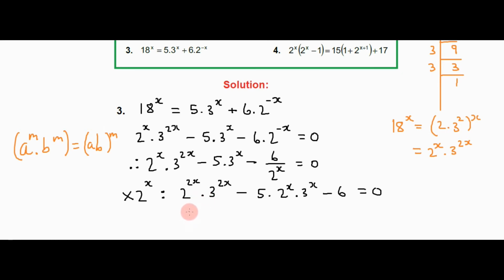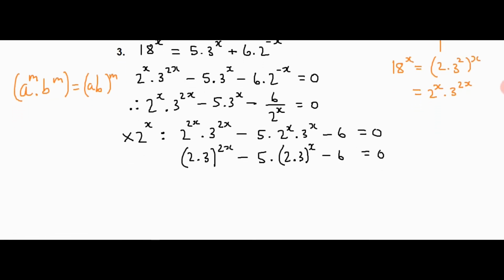So we can write this as 2 times 3 all to the 2x. And applying this law in the second term as well, we're going to write it as 2 times 3 all to the x. This, of course, is 6 to the 2x. And here we have 6 to the x.